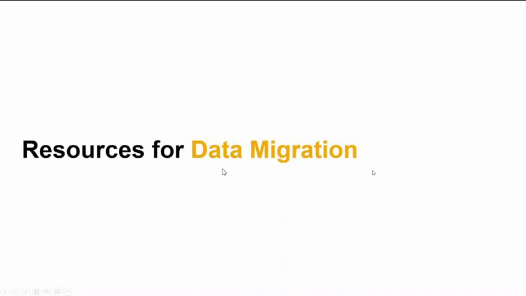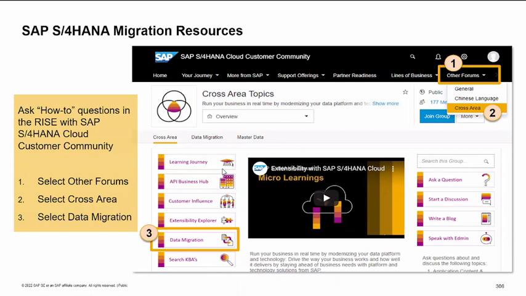We will go into the system, and I will introduce this migration cockpit. But for your information, I have put some migration resources for you. This is the SAP S/4HANA Cloud Customer Community, interesting for a lot of topics, but especially for data migration.